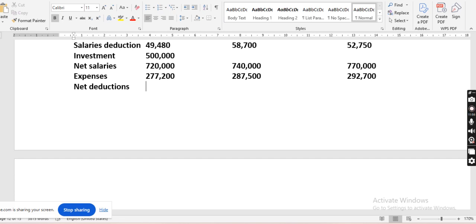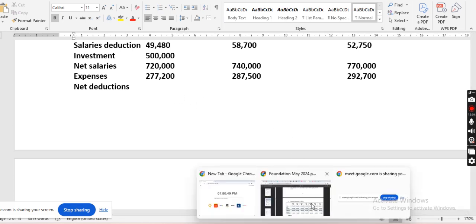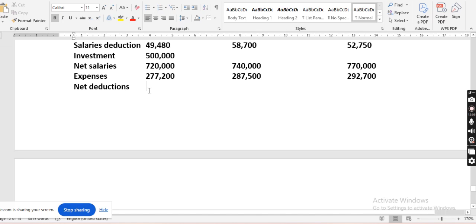Is this salary deduction? Yes, sir. Salary deduction. Okay, salaries deductions.